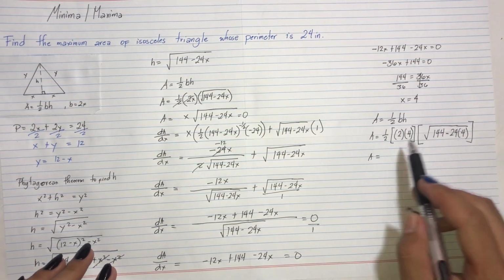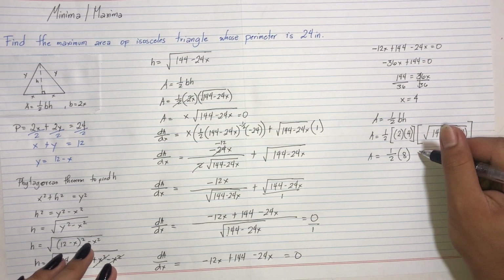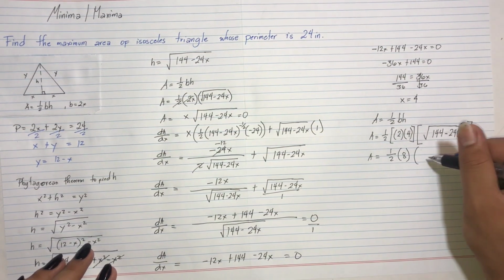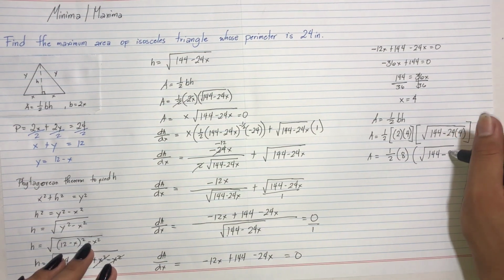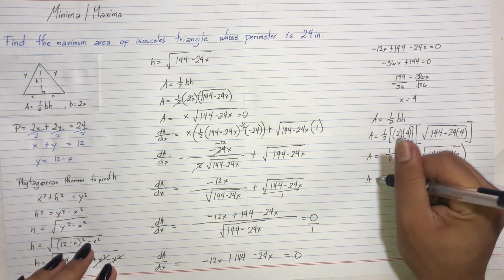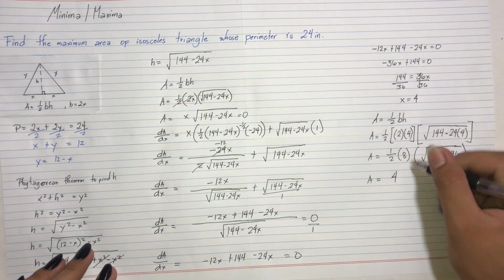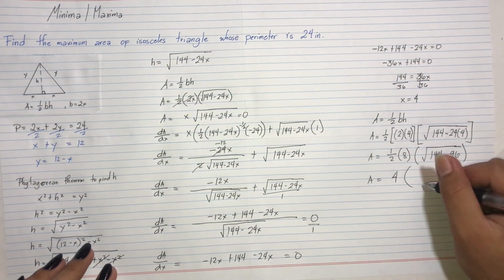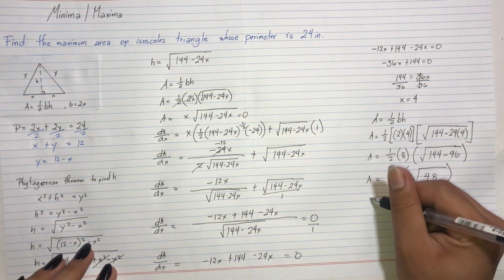Area is equal to 1/2 times 2 times 4, that is 8, times the square root of 144 minus 24 times 4, that is 96. Simplifying further, 1/2 of 8 is 4, times the square root of 144 minus 96, that is 48.